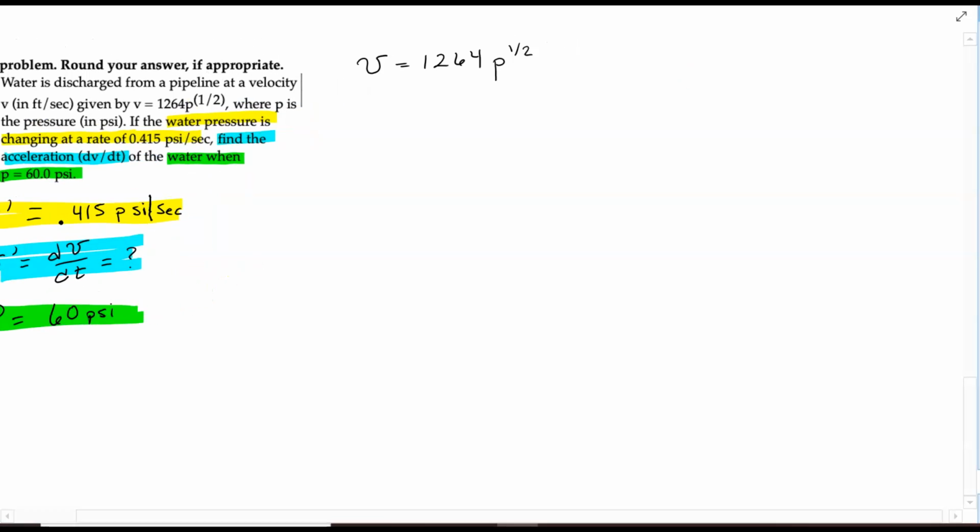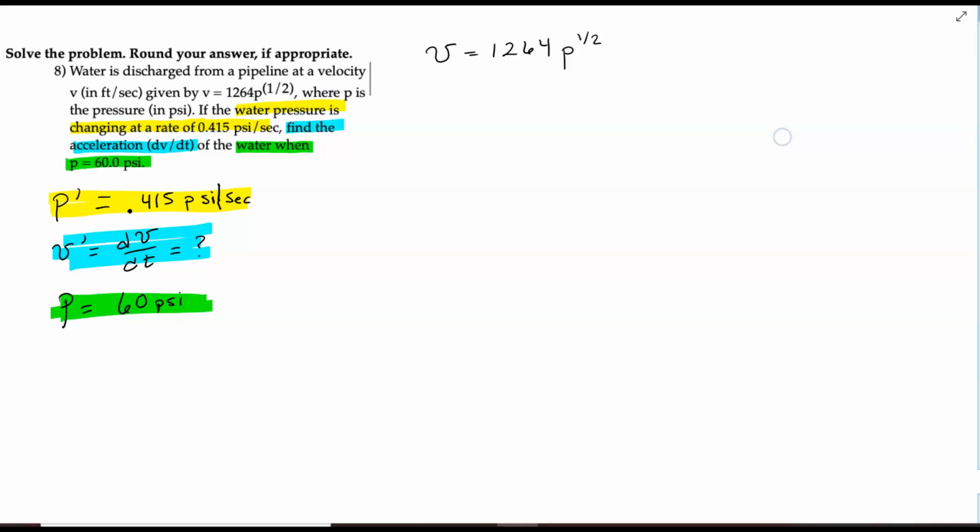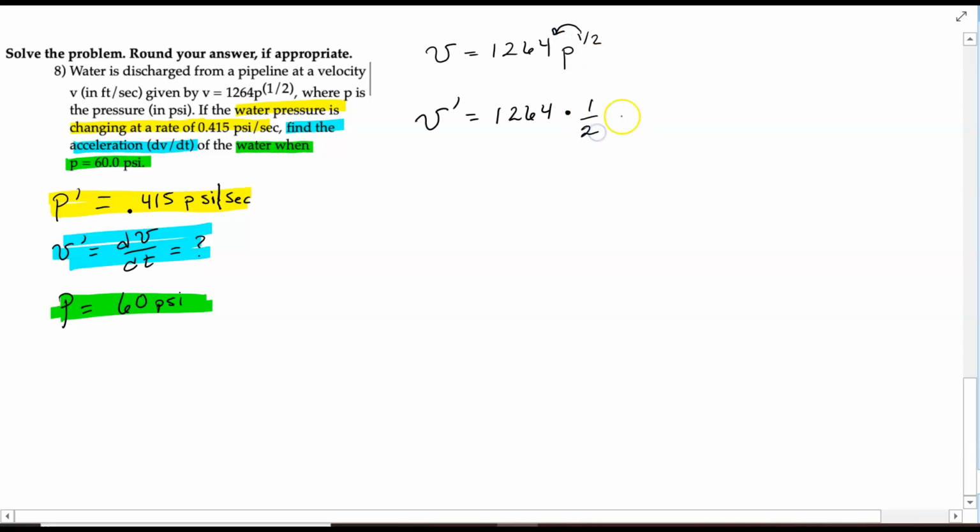Now we take the derivative of that v function up at the top, which is the function for velocity. V prime equals 1264 times, we bring the power down, 1/2 p to the negative 1/2, and then we have to say p prime, to denote that we took the derivative of p.